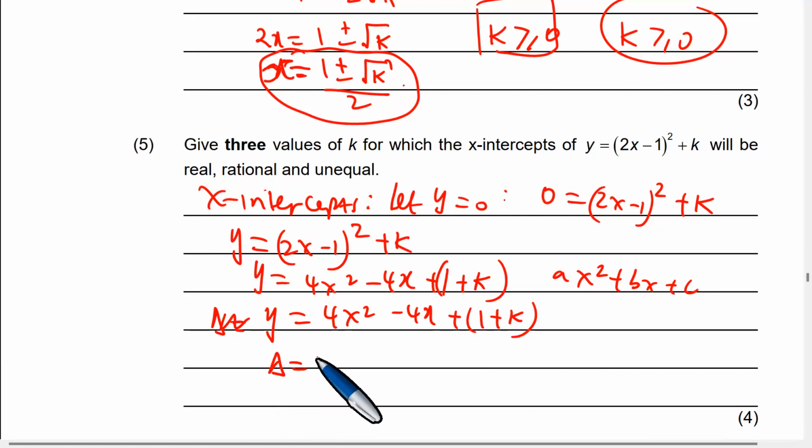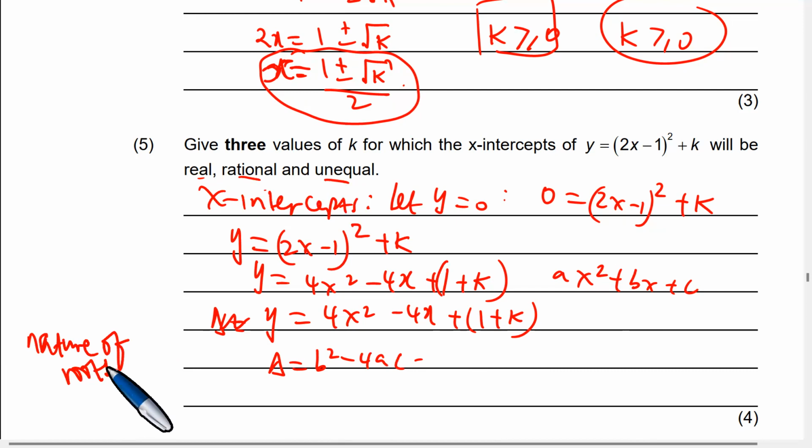Now we can write b squared minus 4ac because we want to deal with the rational, unequal, real roots, the nature of roots.